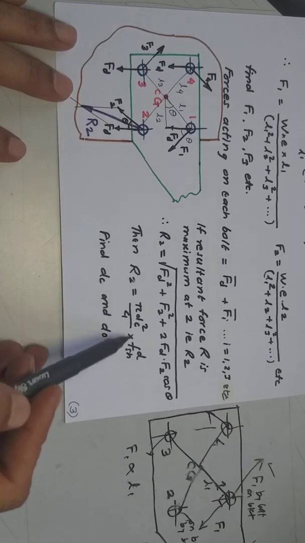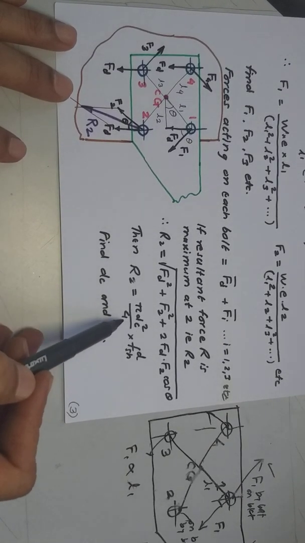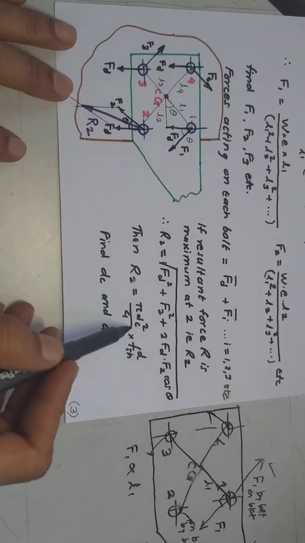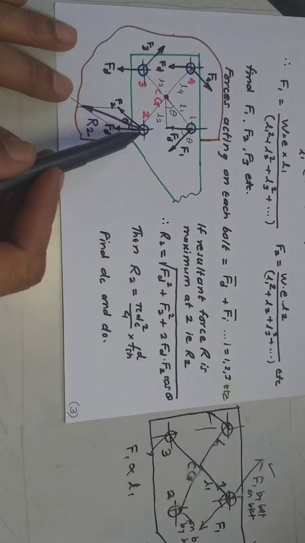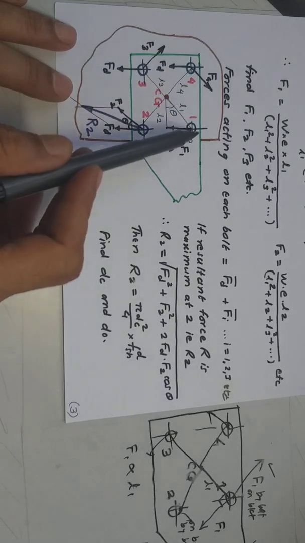So it is equated with the design equation consisting of shear stress, which says pi dc square by 4 into shear stress equals R2. Once you come up to this much, just get the value of dc, which is going to be the size of the bolt at 2, and then you can use the same size bolts at all the other places.